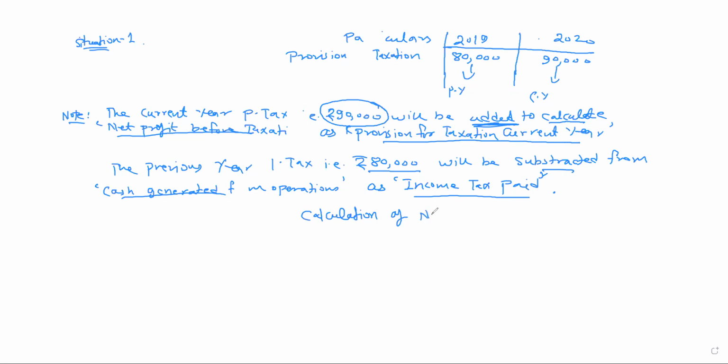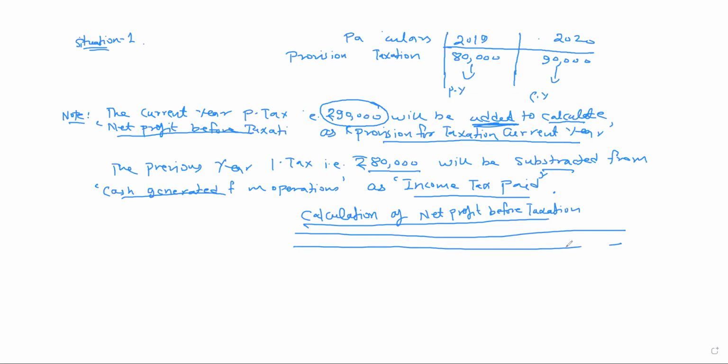Calculation of net profit before taxation. Do you remember this format? Is it this format? Yes, sir. This is how you draw the line. Now what will you write in this?